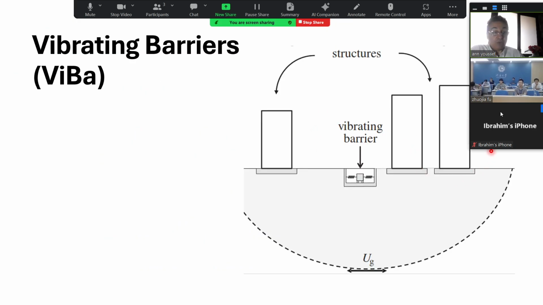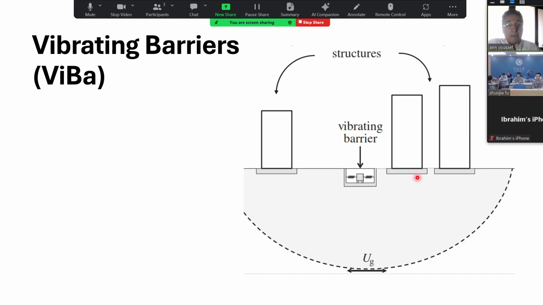Vibrating barriers are a spring-mass system device installed outside the building, the structure, or the monument. For example, you have buildings here, and this is the vibrating barrier here.